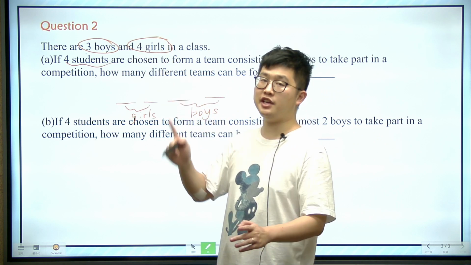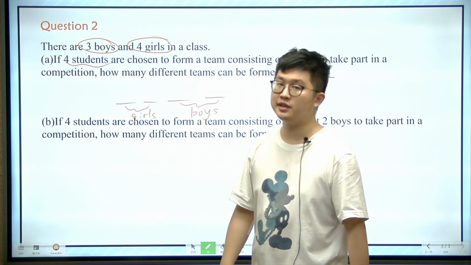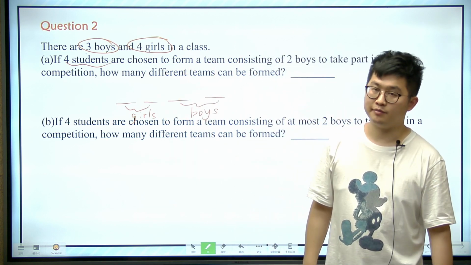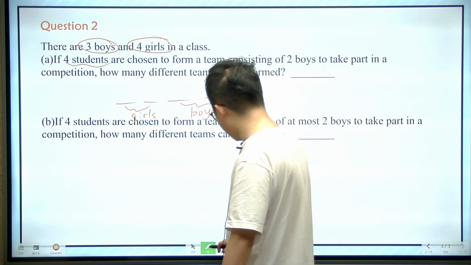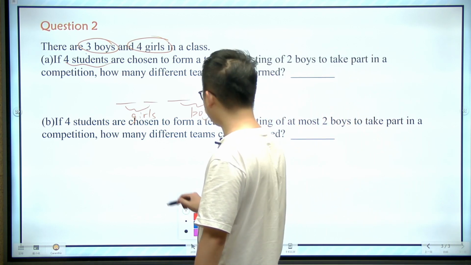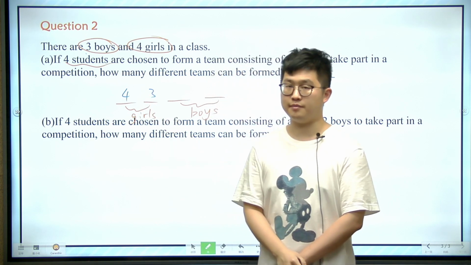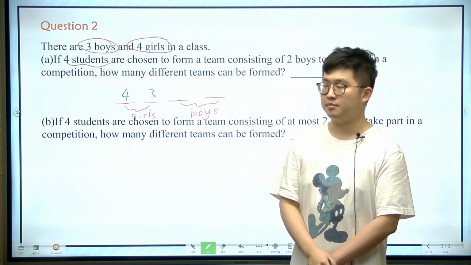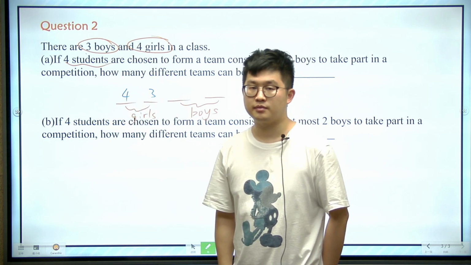We need to choose 2 girls of the 4. So how many choices do we have? It would seem that we have 4 choices here and 3 choices here, because we have 4 girls and then 3 girls.